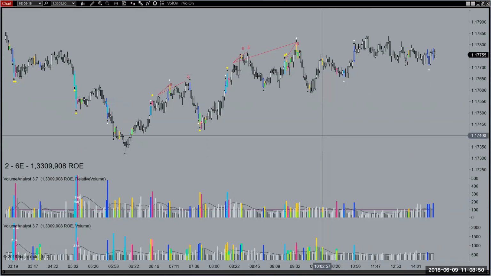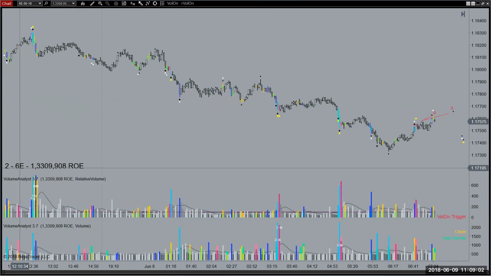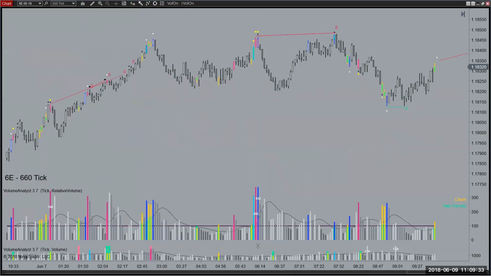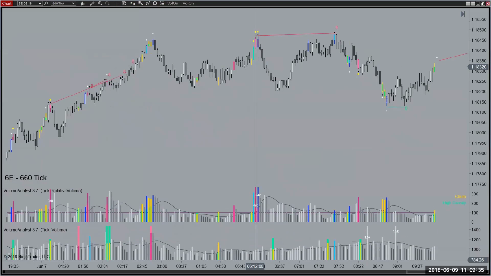And now what that allows me to do, for instance, let's look just at the tick chart. Right here, you've got relative volume showing on the top panel, and then the raw volume, the normal volume, the total number of contracts traded in this lower panel here. This is about 6:10 in the morning.